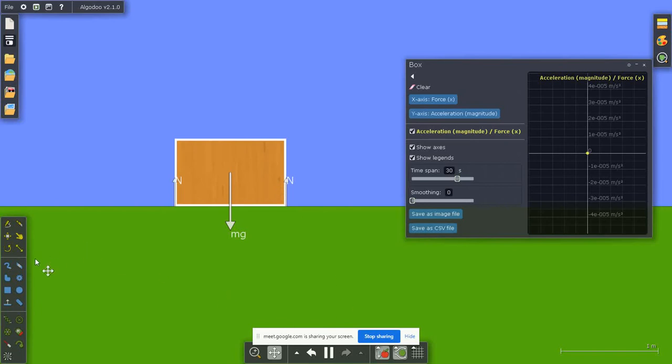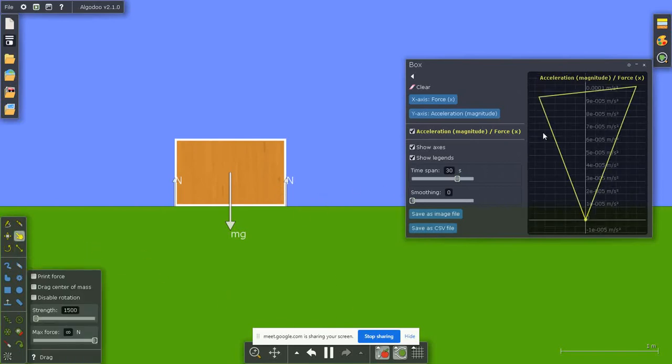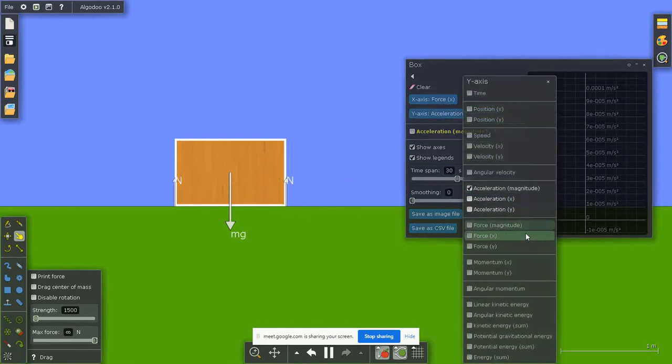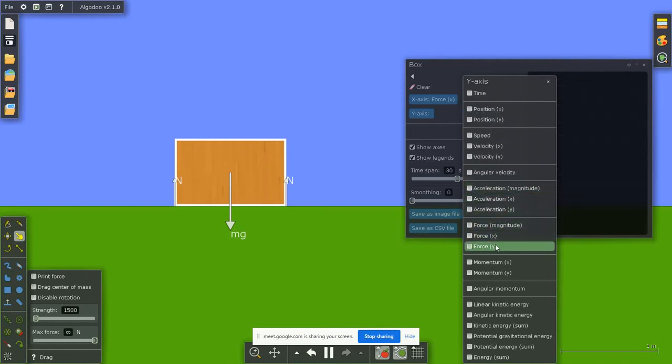So if I drag now, it will be giving something like that. The curve will be like that only. Sorry, I have given magnitude now. So the y-axis should be force along x, I have already given that.